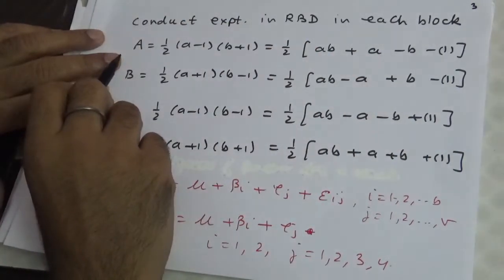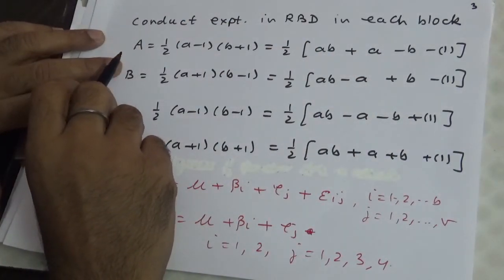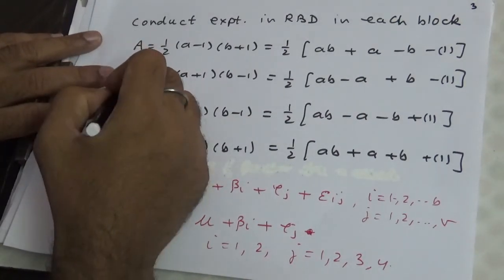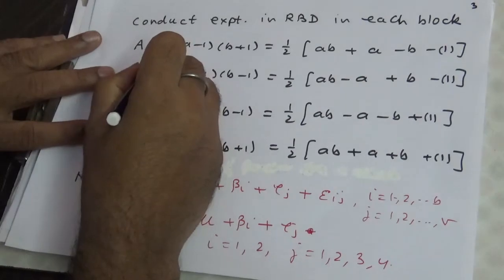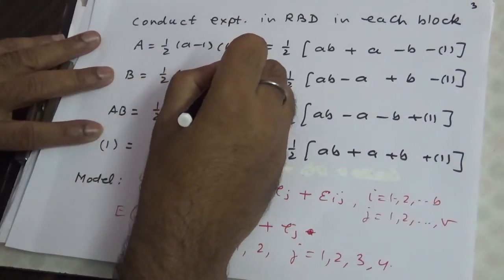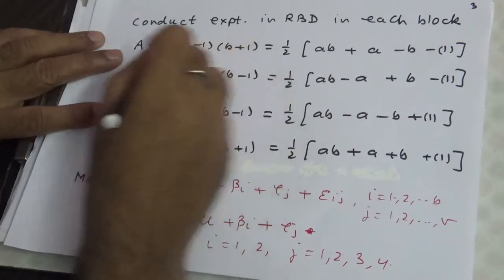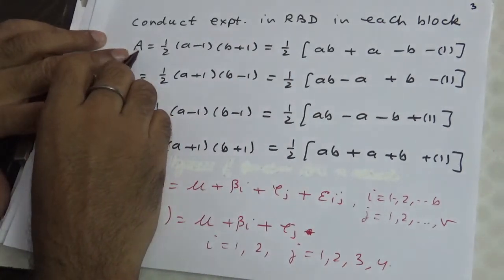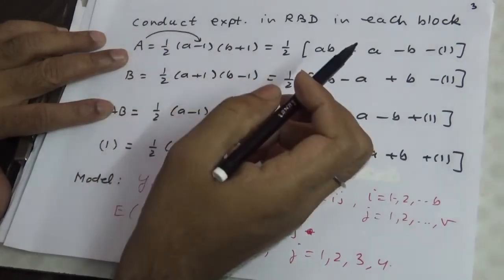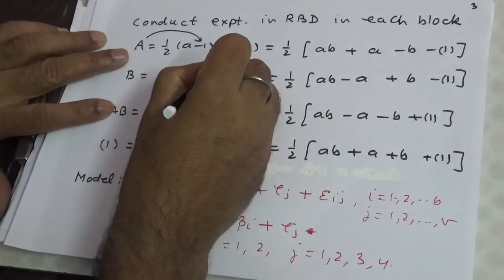So you can recall that we had expressed the main effect A like this here: 1 upon 2, (a minus 1)(b plus 1). And that was the rule that if there is A, then the sign coming with this A will be negative and the other signs will be positive.